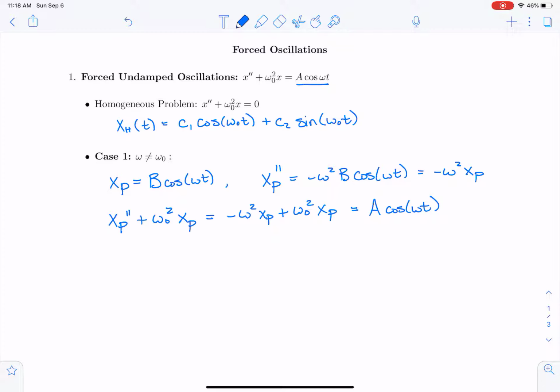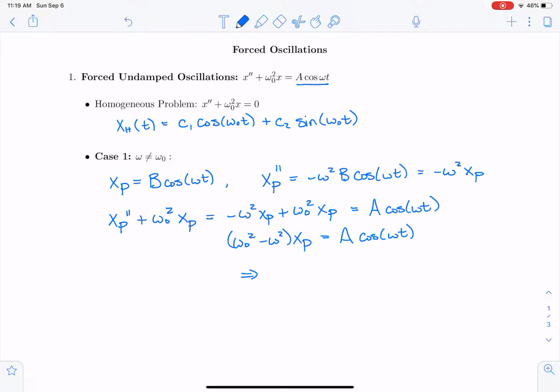So in fact, we can say that omega naught squared minus omega squared times xp is going to equal a cosine of omega t. And so, instead of solving for a, we can just solve for xp.